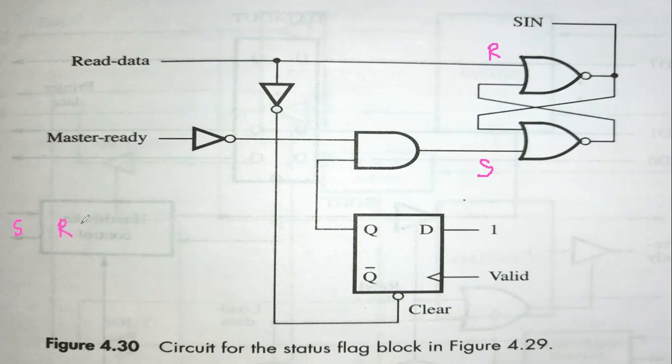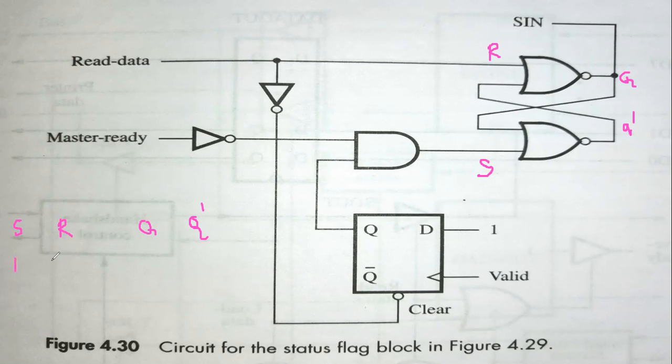I'm going to write a truth table with S and R, then Q and Q dash. Whatever result we receive in Q will be the value of SIN. So according to this circuit, I'm writing the truth table.